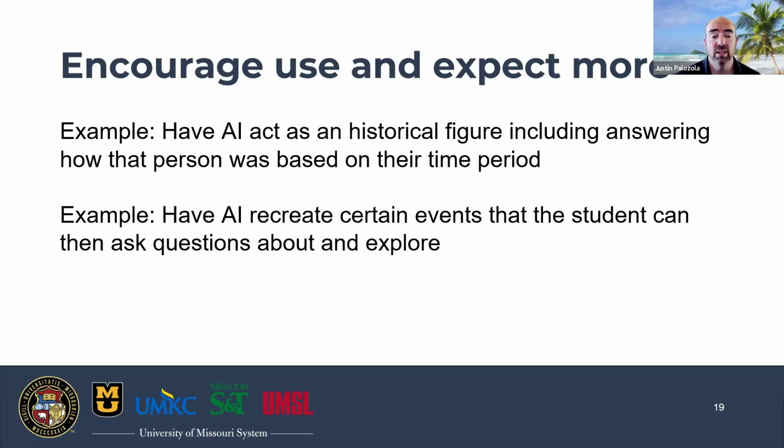And then another example, have AI recreate certain events that the student can then ask questions about and explore. So again, maybe this is from an aspect of inspecting certain details, right? Or analyzing a scene for maybe like a forensics class or a health and human sciences class where maybe you're going into a family home and you're trying to evaluate what's going on with the family or with the kids, right?